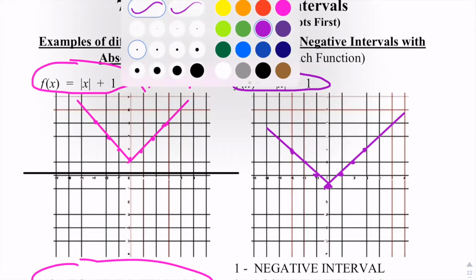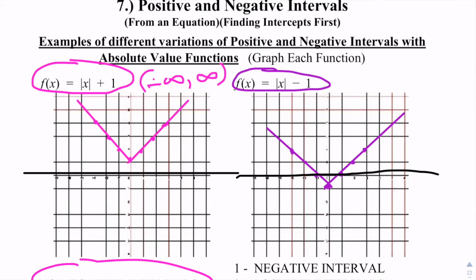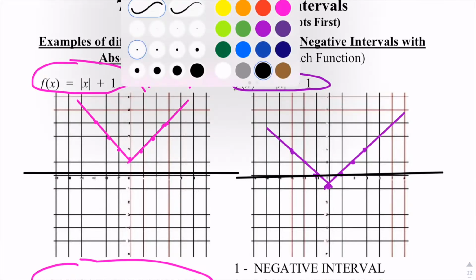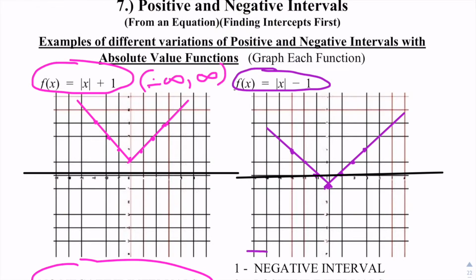We want to sketch in darker where our x-axis is, because again, positive intervals have to do when the graph is above the x-axis, and negative intervals have to do when it's below the x-axis. So here with the purple graph, we have one negative interval, and that negative interval is when it's below right here, and it's below from -1 to 1. So that's our negative interval.